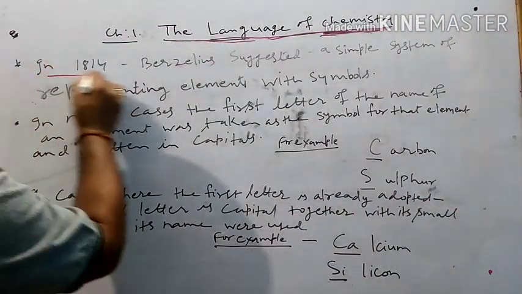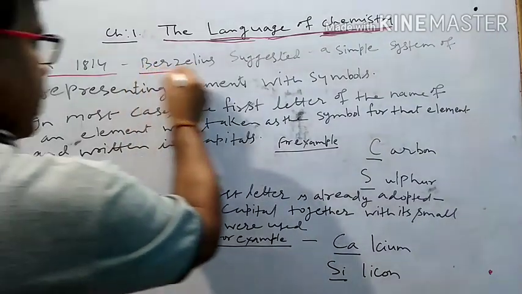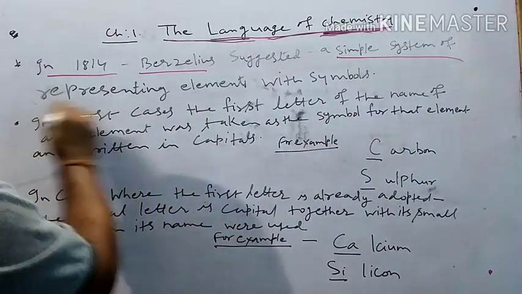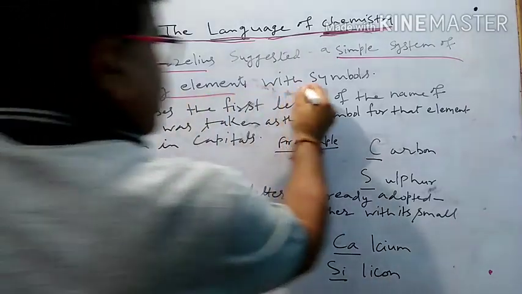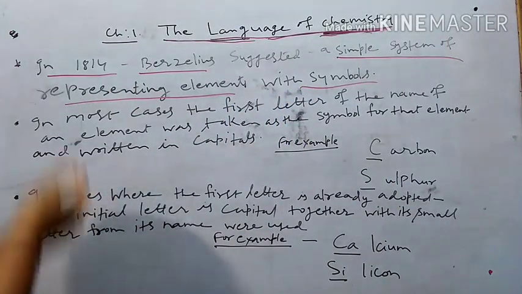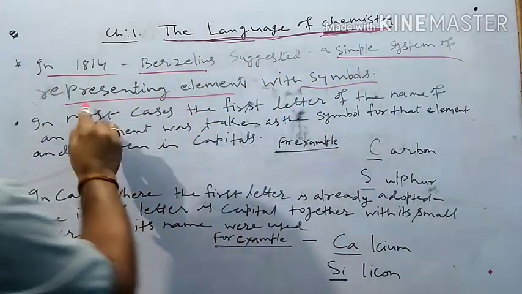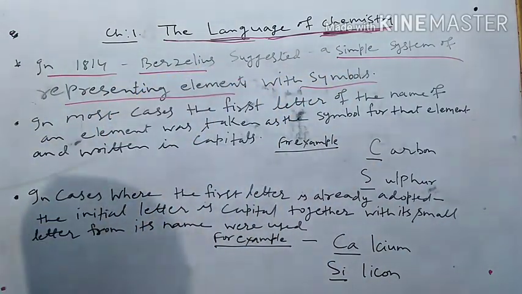In 1814, Berzelius suggested a simple system of representing elements with symbols.